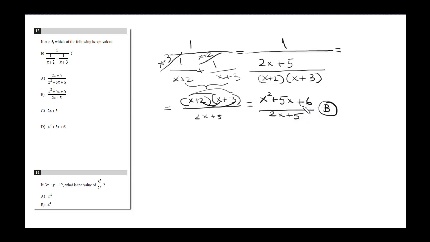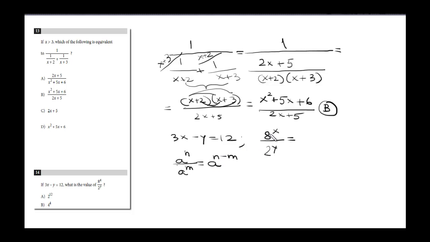Now let's look at number 14. 3x minus y equals 12. And the question is, what is the value of 8 to the power x over 2 to the power y? You remember the laws of indices, of exponents: if we have the same base, a to the power n over a to the power m is equal to a to the power n minus m, we subtract the powers.